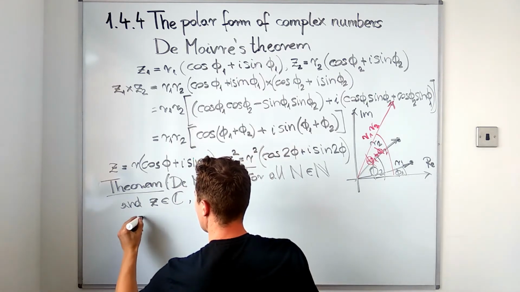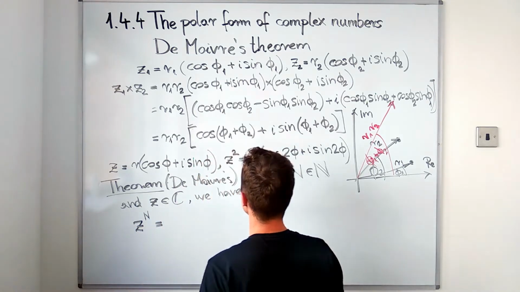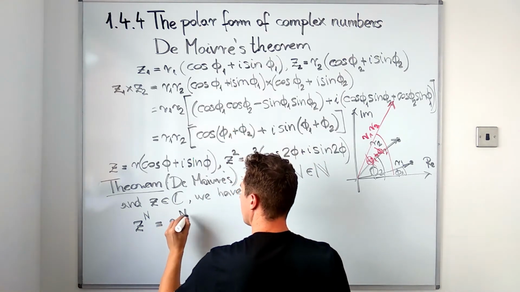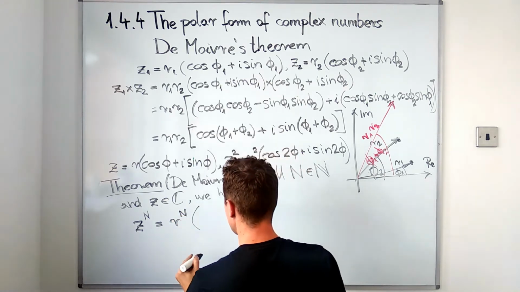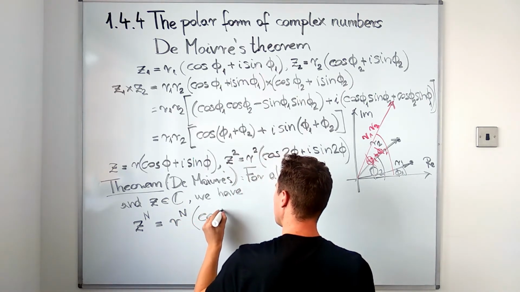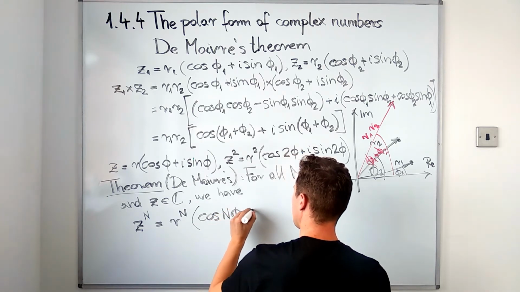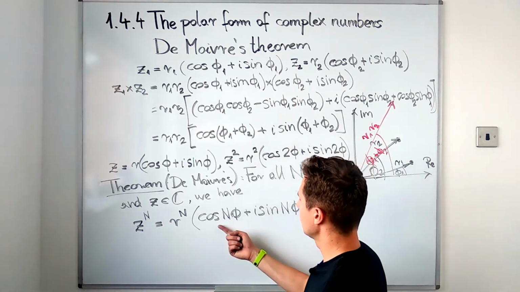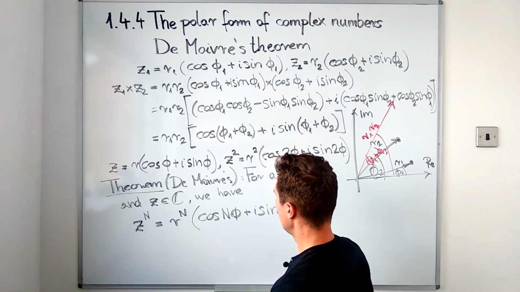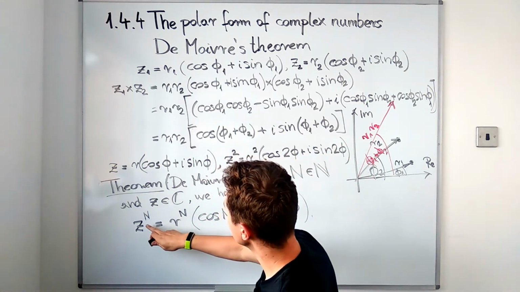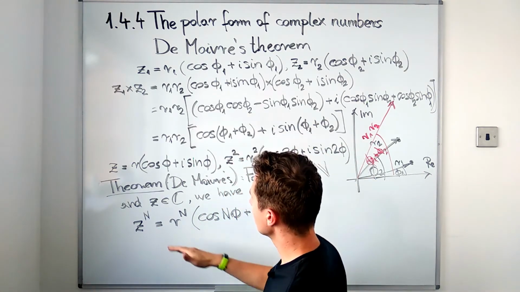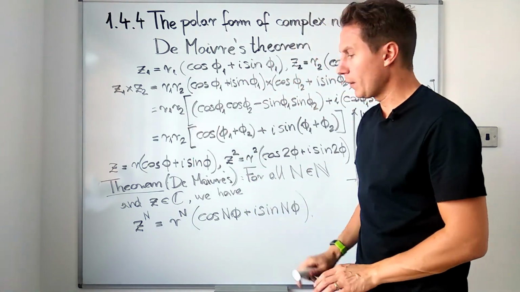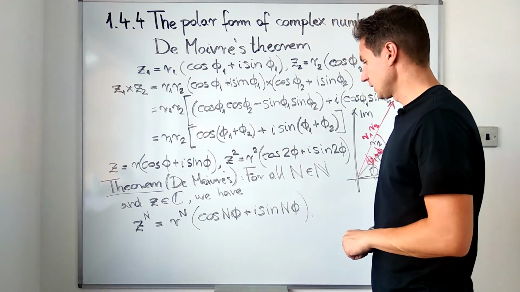We can express the nth power of z using its polar form as r to the power n, so that's the modulus exponentiated, times the cosine of n times phi plus I times the sine of n times phi, which means that the argument gets multiplied by the exponent. So this is de Moivre's theorem, and it gives you a very quick way of calculating powers of complex numbers. This can be proven using mathematical induction, so proof by induction works in this case.